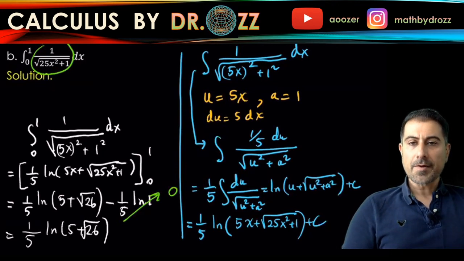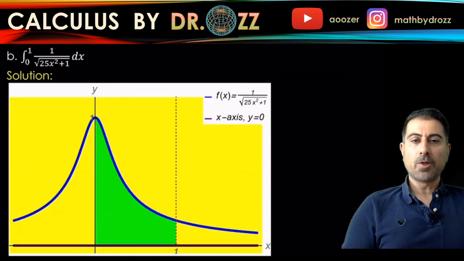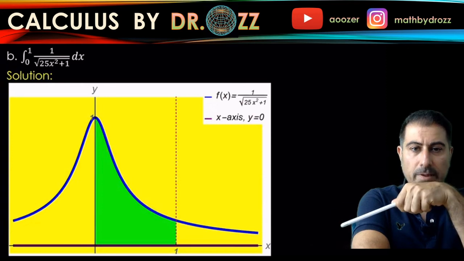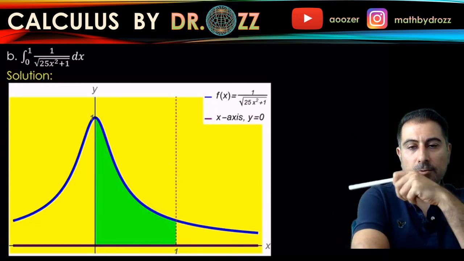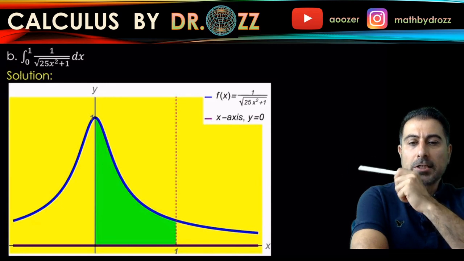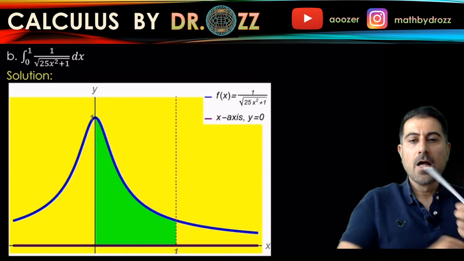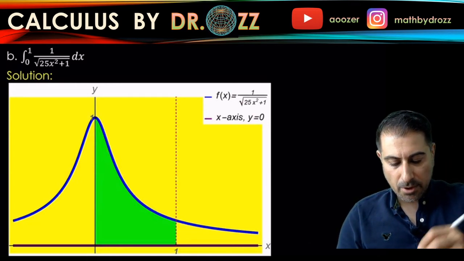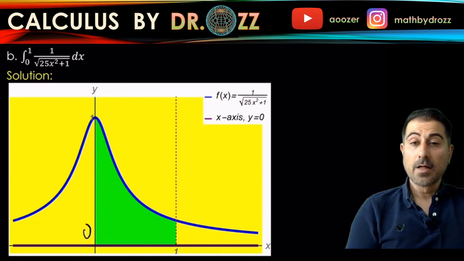Okay, so you have the blue curve, which is the graph of 1 over the radical of 25x squared plus 1, okay? And then you have the x-axis, in other words, y equals 0. And now I have the green area here, which is stuck in between 0 and 1, right? Let me just write here, 0 and 1.